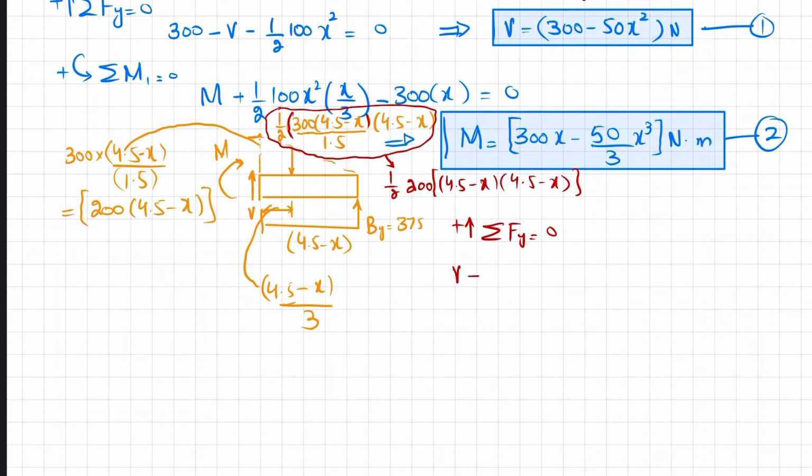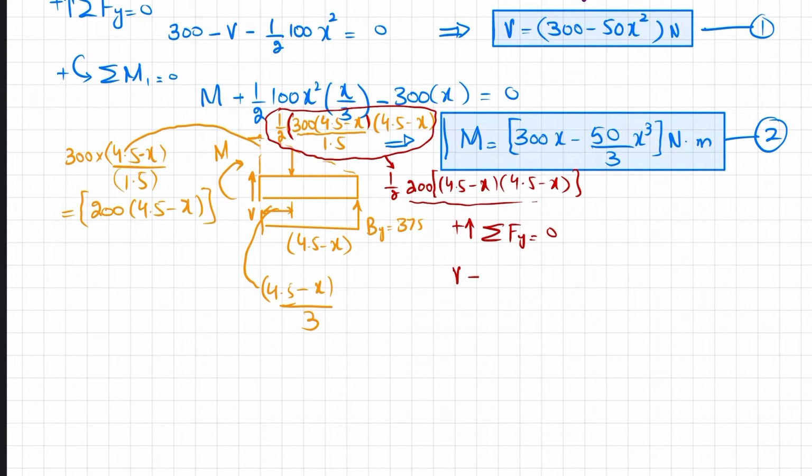So V minus this force, which is minus 1 over 2 into 200 into 4.5 minus x into 4.5 minus x, plus the reaction, which is 375.